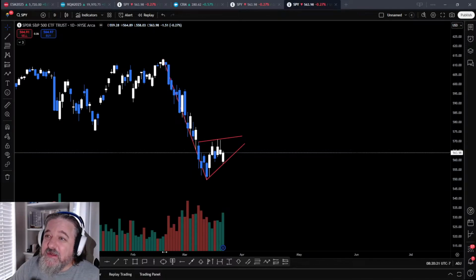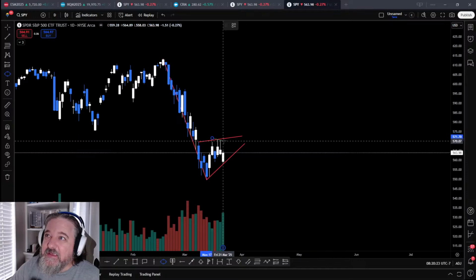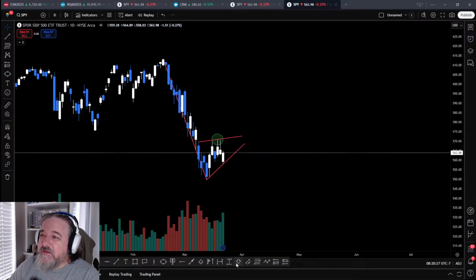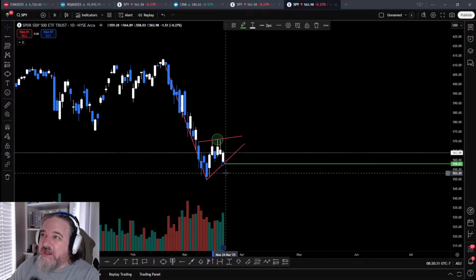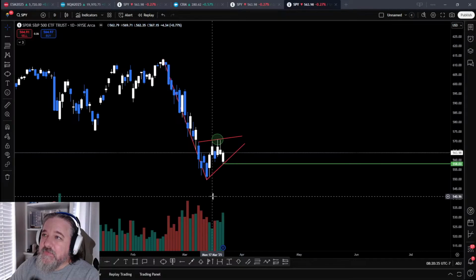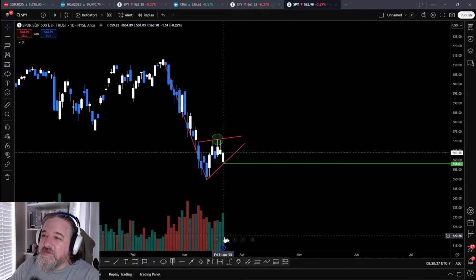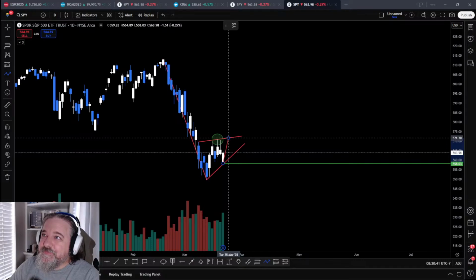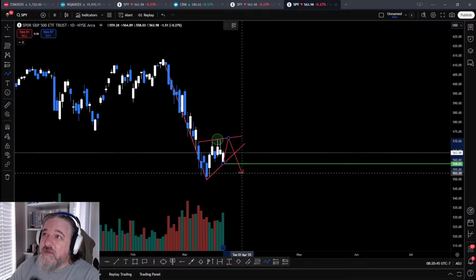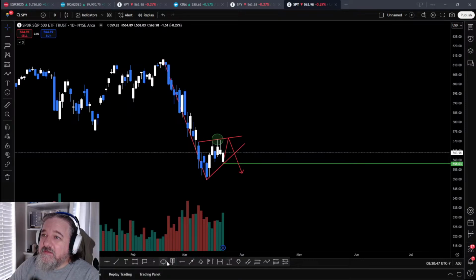Personally, if I am trading a flag, I'm always looking at getting in at the top. Whereas most retail, the minute we break the bottom of the flag, they'll get in. Some people, let's say from here we come back up to the top and then we break the flag here, some retail will wait.